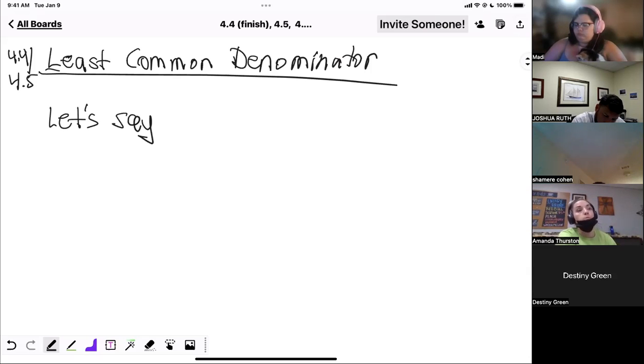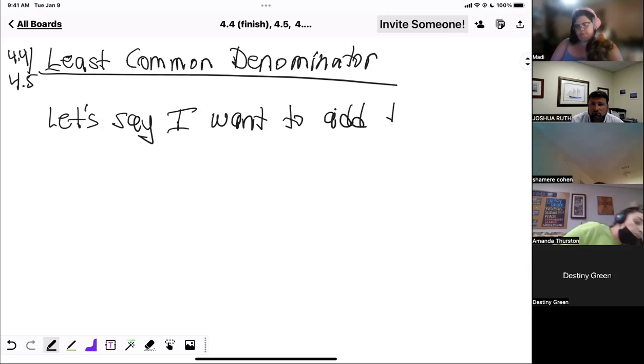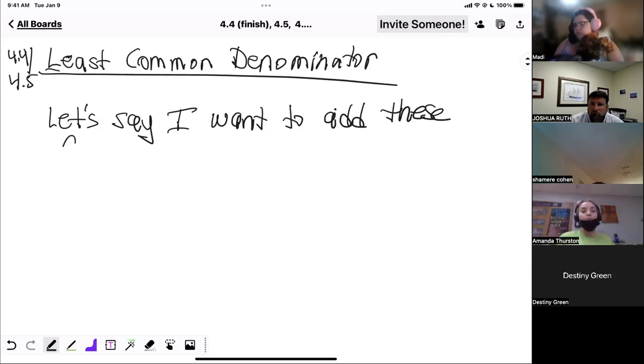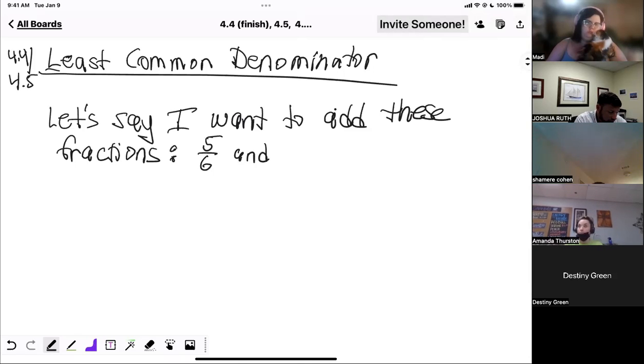So let's say I want to add these fractions. I'm going to start with not too bad ones. 5/6 and 3/8.